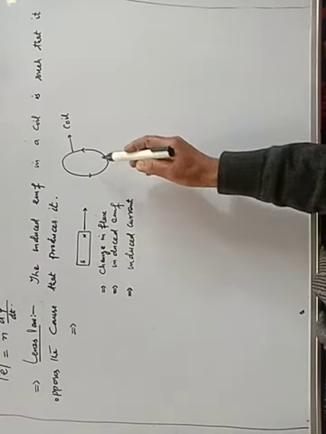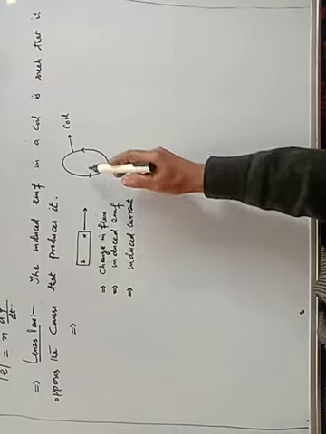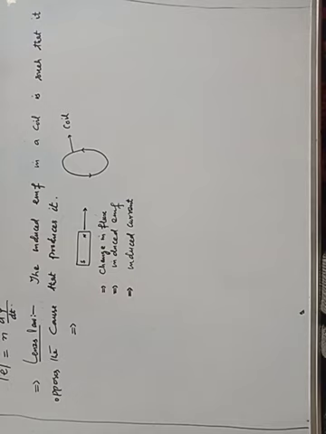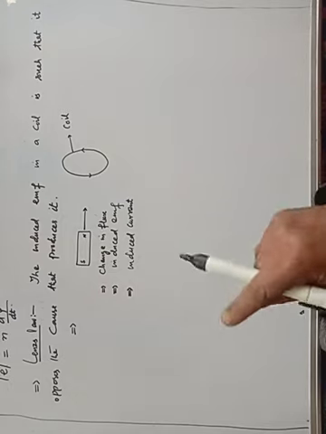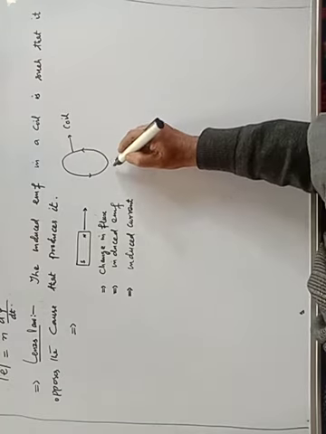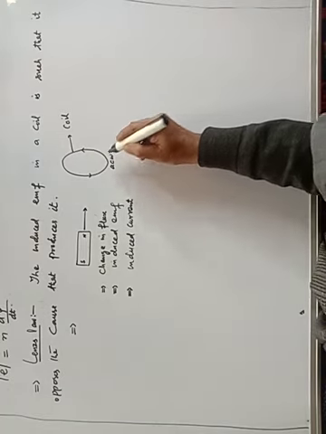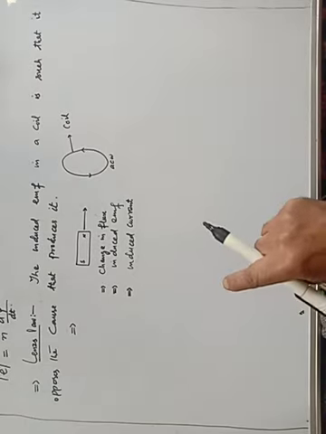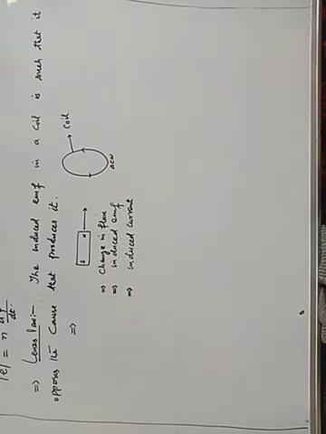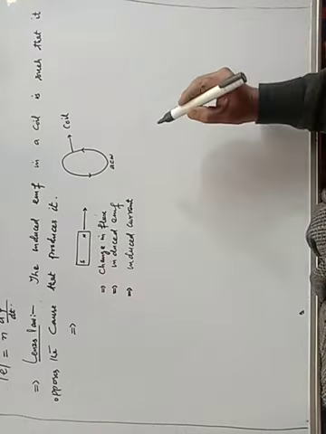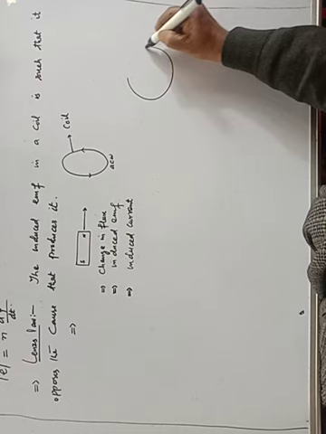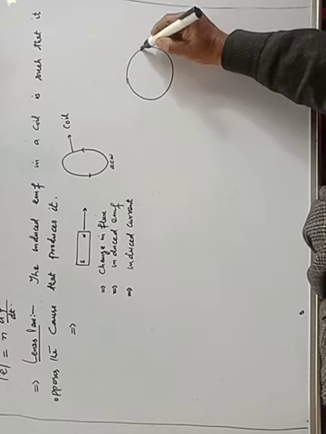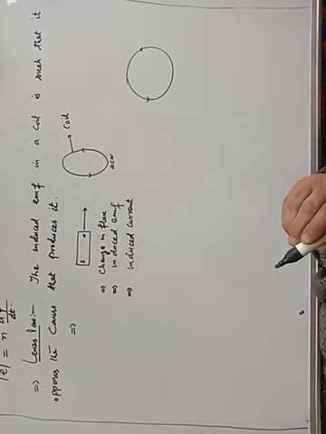So in the first case, when the north pole is taken towards, there is current in the anti-clockwise direction, which is represented as ACW. So you might be remembering the clock rule. Clock rule means when current in the coil is in anti-clockwise direction.